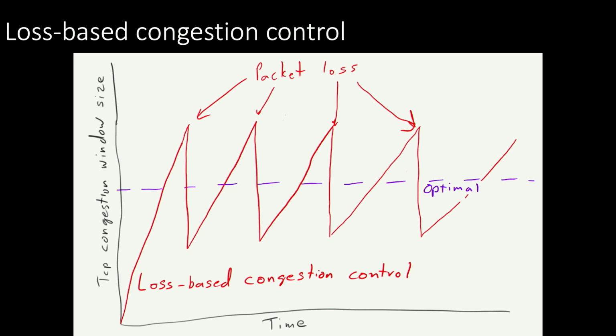Loss-based congestion controls, this is Reno, QUIC, the old classic congestion control algorithms, throw as much data as they can at the network over time until it looks like the network lost data. So until it looked like all of the buffers filled up and stuff started to disappear. And then it goes, oh crap, I sent too much, drops down, and it grows, and it keeps doing that over and over again. But the key point is right at the beginning it tries to fill up the network as much as possible until the data starts disappearing.